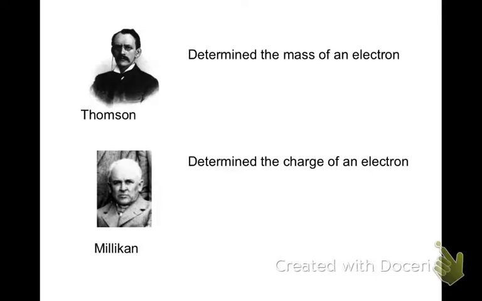Coulombs are a unit of charge. So the more coulombs, the higher intensity of the charge. So very important things to nail down information about the electron. We're not going to talk a whole lot about their experiments, but they're pretty sophisticated and wonderful as well, especially Millikan's oil drop experiment.